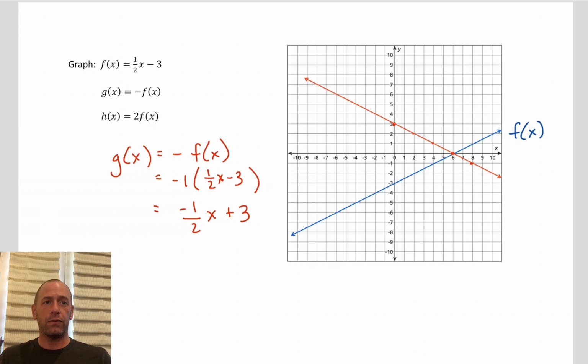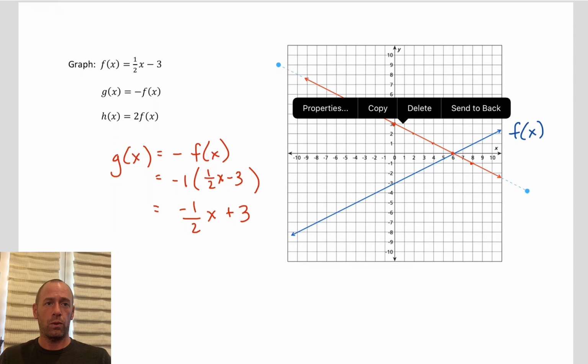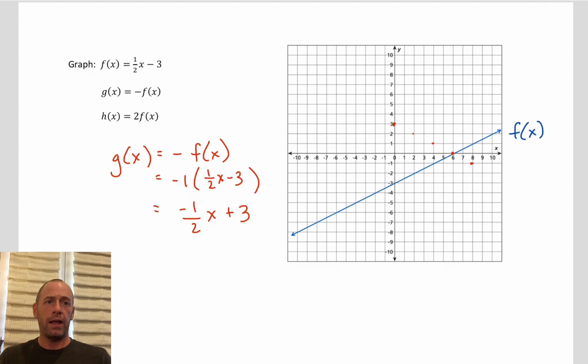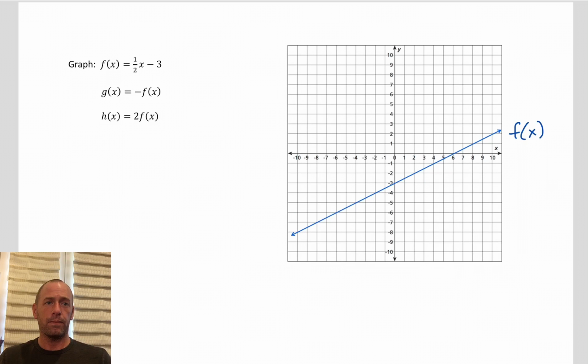So now to give myself some room, I'm going to delete what I just did, and I'm going to now graph h of x. H of x is going to be 2 times the value of f of x. So what we're doing is multiplying the output by 2. To do that, I take my function f and I multiply it by 2.